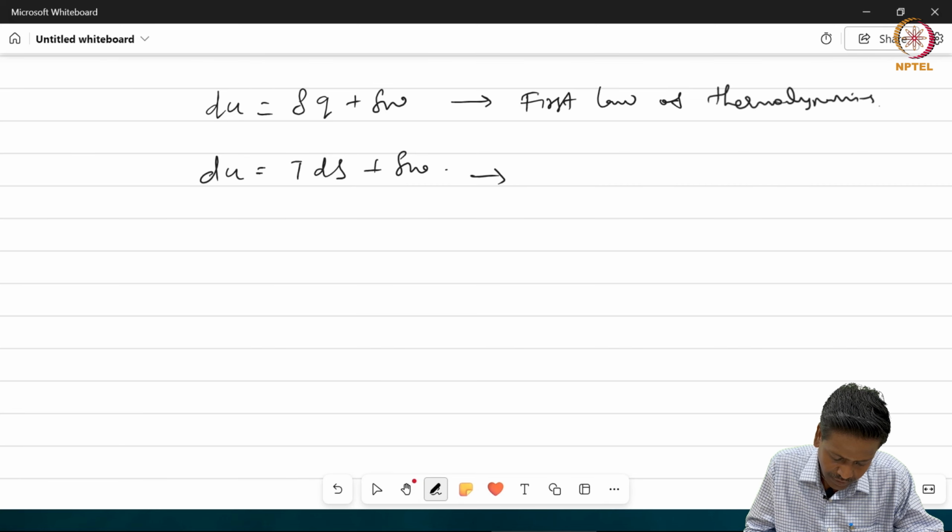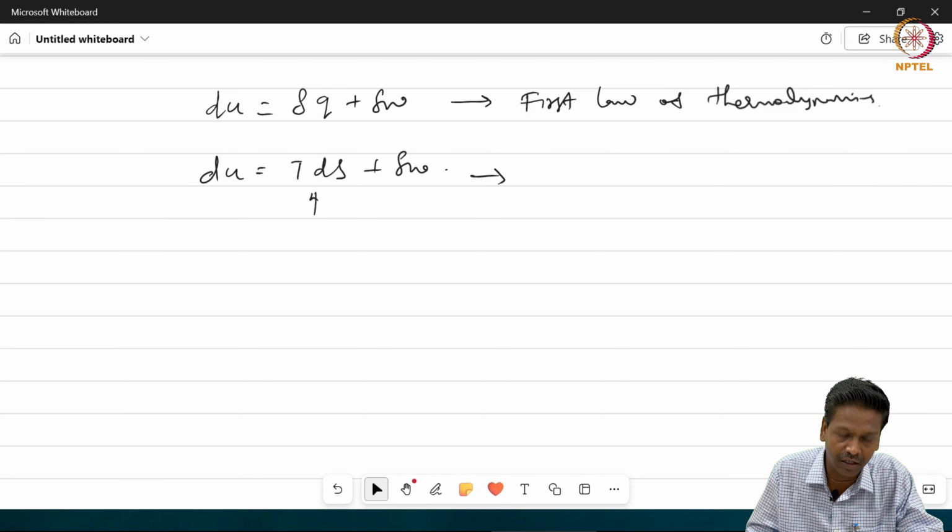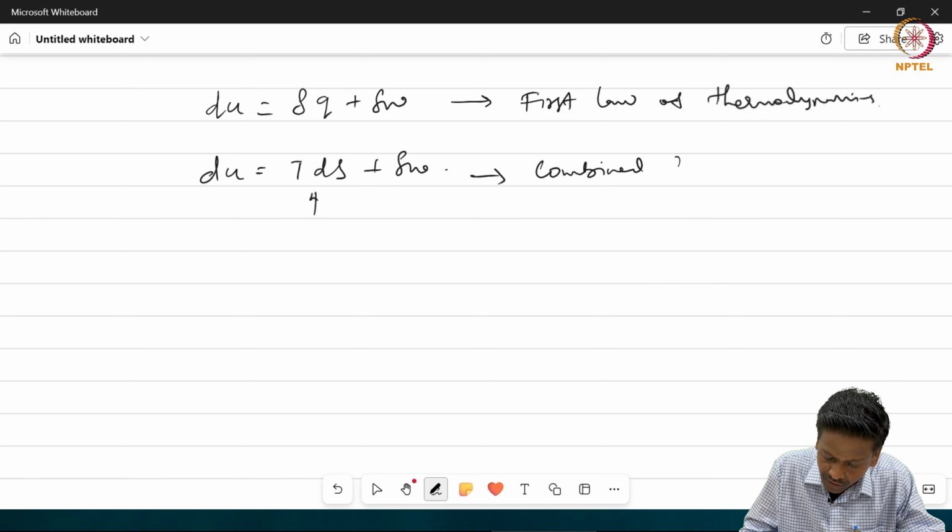The relationship for δQ comes from the second law of thermodynamics. We can call this equation the combined first and second law of thermodynamics.